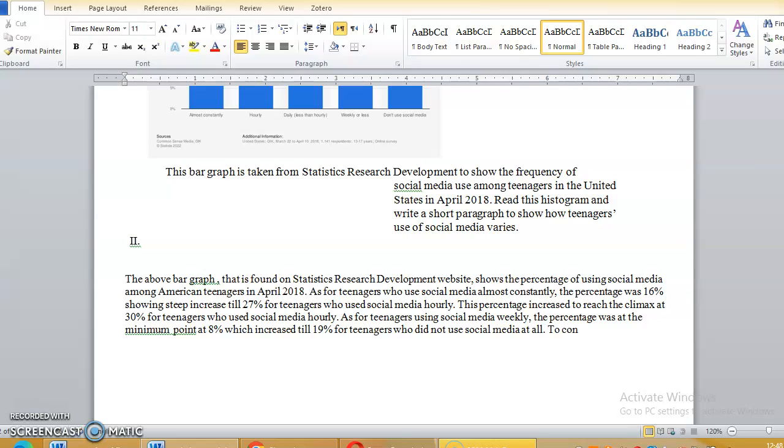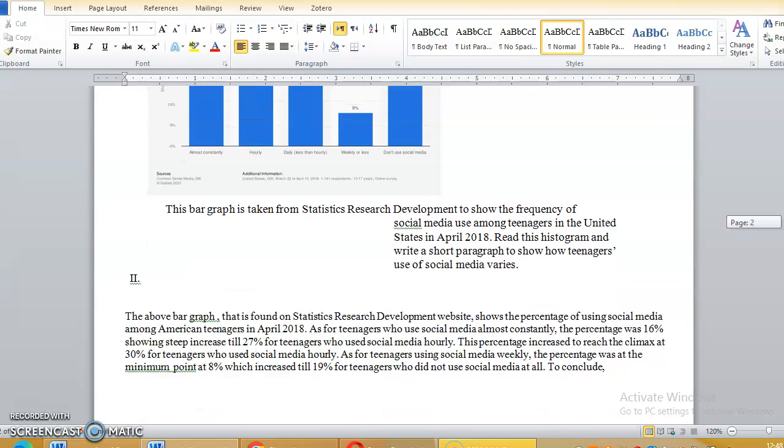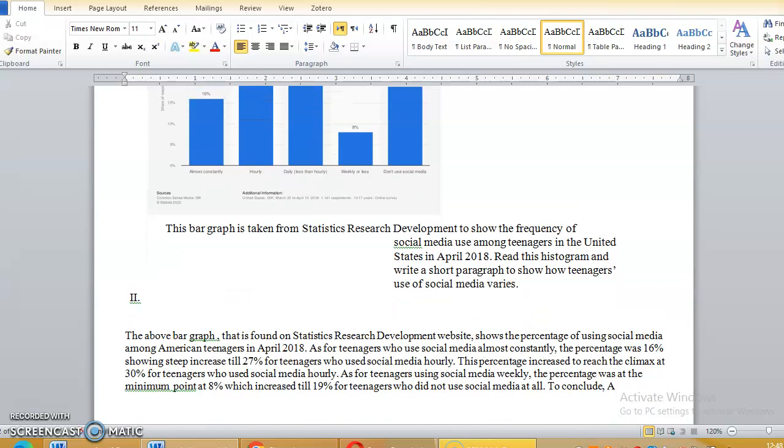To conclude, I can use "to conclude." It's good as a conclusion. We need to show how teenagers' use of social media varies. To conclude, we can say that American teenagers used social media at different percentages.